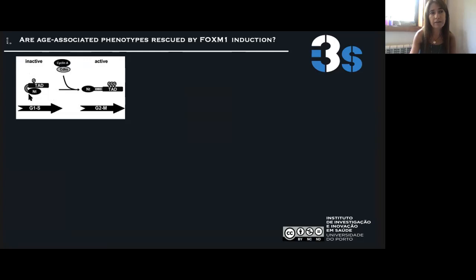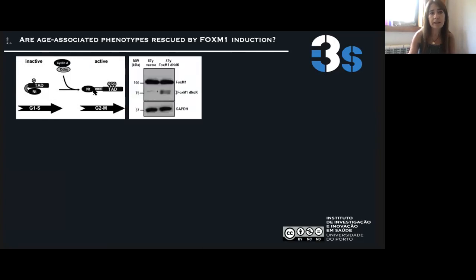This N-terminal inhibition is only removed if there is CDK activity, which we know is low in elderly cells. So using this truncated form, we can generate a form that is constitutively active and independent of CDK activity levels. We transduced cells with lentivirus for the expression of this truncated form.